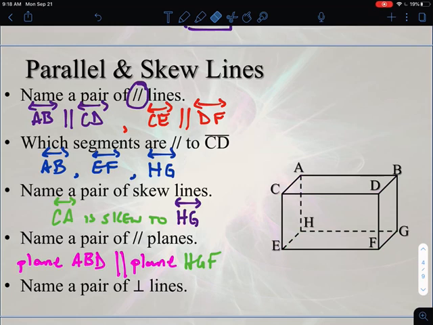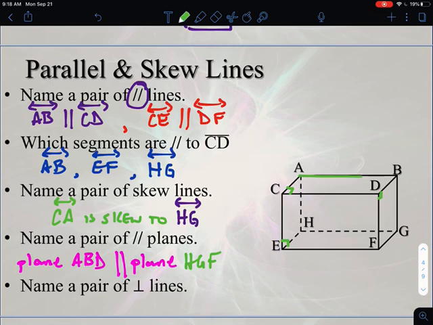So it's just a matter of picking the plane, labeling it with the points, and then just putting the two pieces together. As far as perpendicular lines, since this is a box, that tells us that all these lines that meet are going to be at right angles. So anywhere we look, we're going to have right angles where we have our lines meeting together. So all I need to do is pick two lines that seem to meet up together.